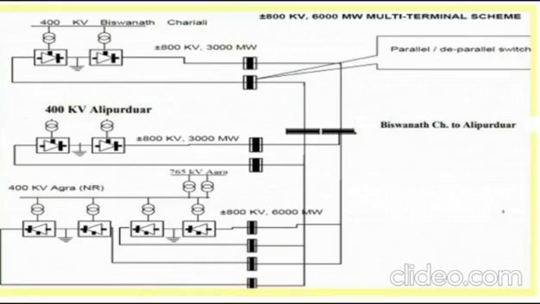In the case of Agra, it is 800 kilovolt with a 6000 megawatt capacity, and it also has its converter stations. This is the main schematic diagram of the ultra high voltage HVDC system in India, from the northeastern part of India to Agra.